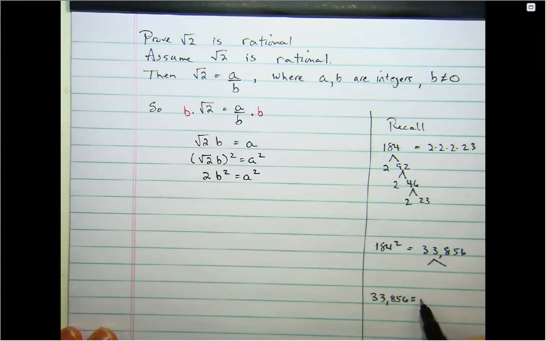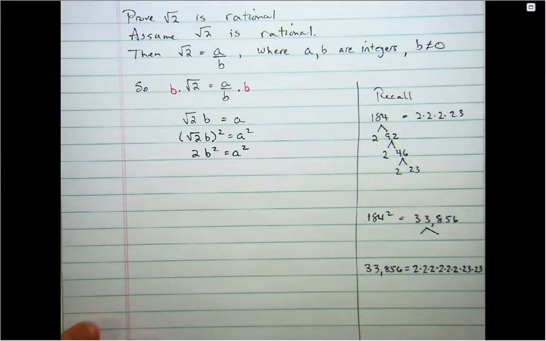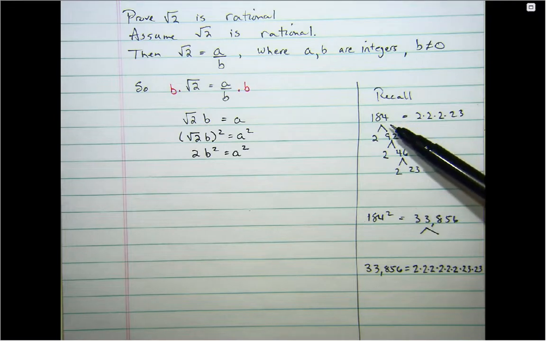Somebody said it. 2 times 2 times 2, and then what? Pardon? 2. Okay. 2. 2. Uh-huh. 23. Good. It's 2 times 2 times 2 times 2 times 2 times 2 times 23 times 23, right? Because you already figured out the prime factorization of 184. So you just have to write that down twice.